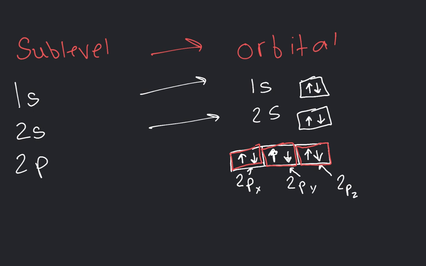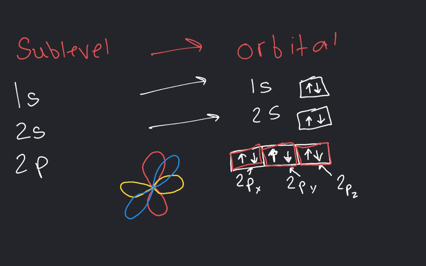Now when you draw this, remember these are in 3-dimensional space. So that's one orbital, two orbitals, three orbitals.